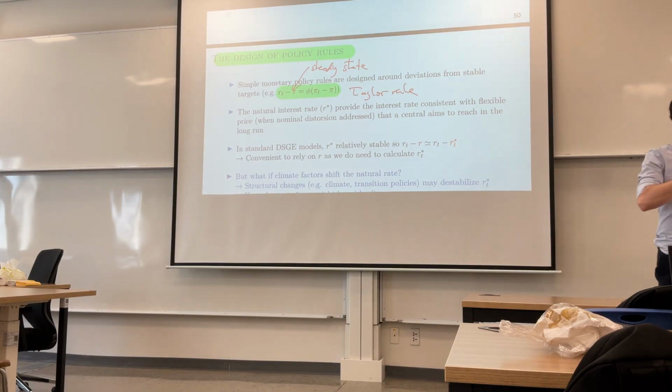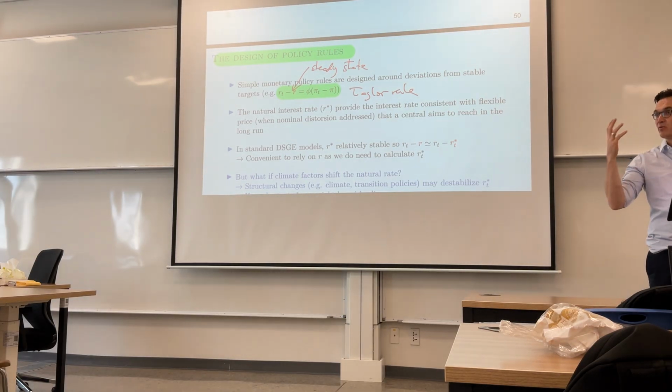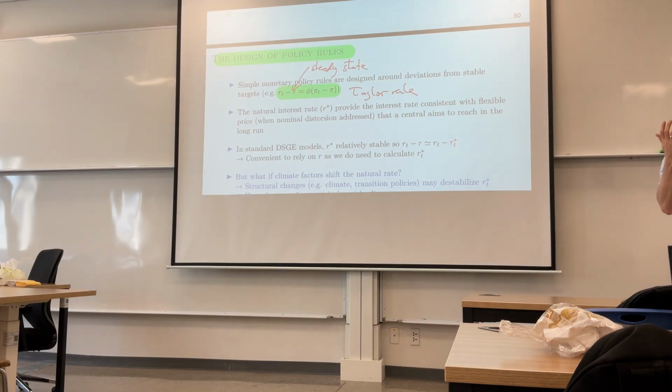We learned on Tuesday and Monday that the natural level of output is the output that is efficient in this economy. You take away price stickiness, that's the efficient response of the economy. Likewise, you can think about R star as the efficient level of the normal interest rate in this economy. Problem is it's not observable. You cannot observe this. You have to estimate it.